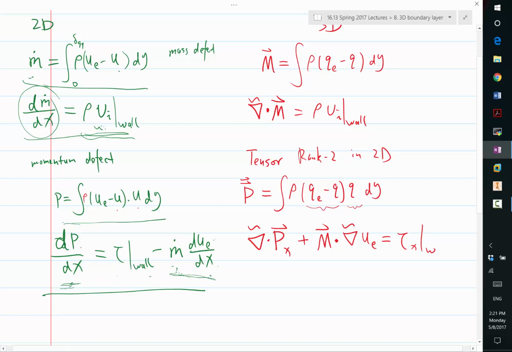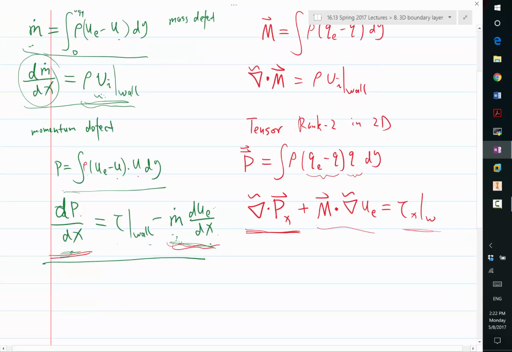Okay, so this dpdx now becomes the divergence of px, and this term, which was originally m dot times dU dx, now becomes m, the mass defect as a vector, times the gradient of UE outside the boundary layer, and is equal to the x directional wall shear stress, right?